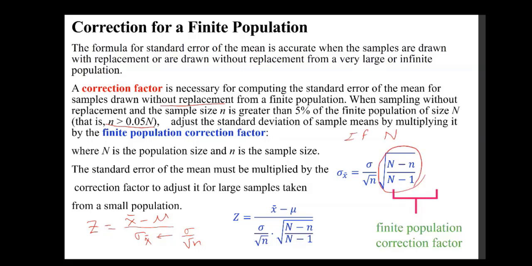If N is larger than n by a huge amount, then this will go to 1. And that's the idea. If capital N is really, really larger than n, then capital N minus n and capital N minus 1 make no difference. They are almost the same.